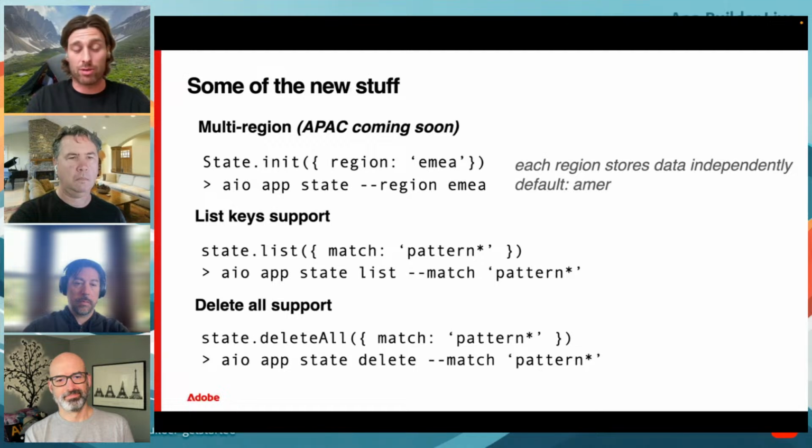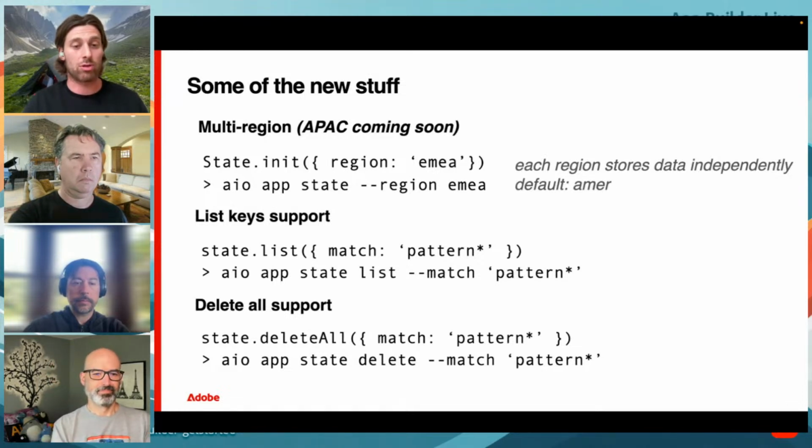And directly with that, we're also moving the same principle of filtering and matching to the delete feature, so that you can delete all the keys matching a pattern. And the two together give you a way to organize your data within one state instance, so within your application.